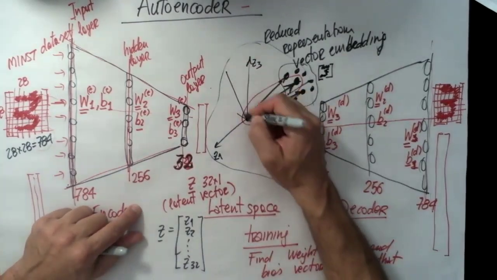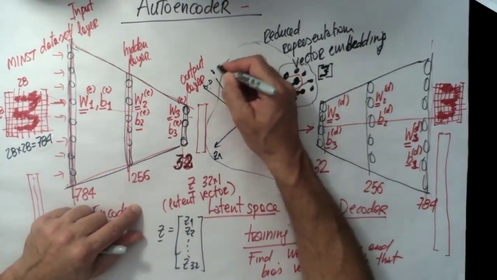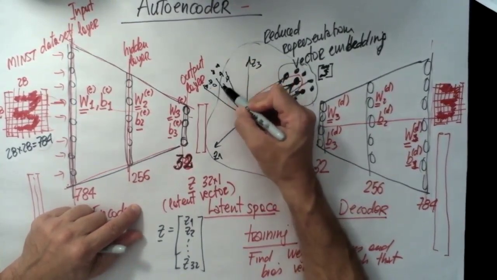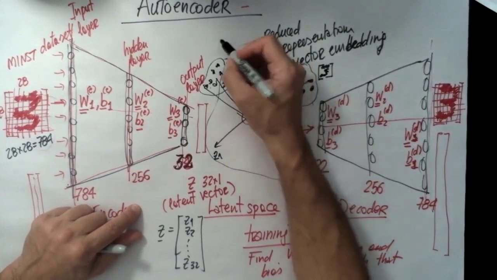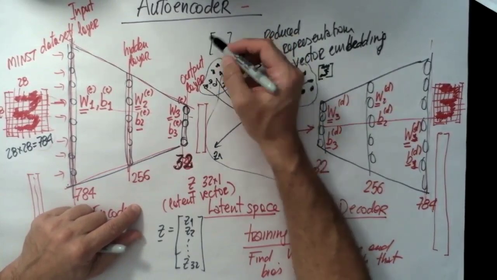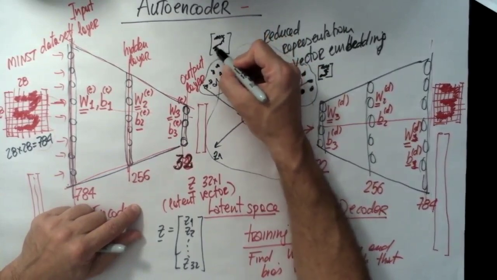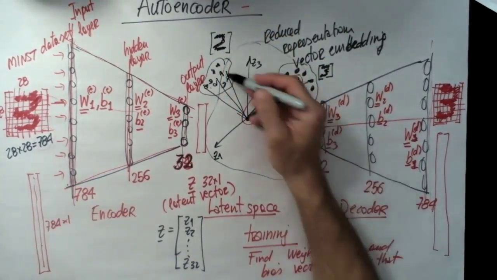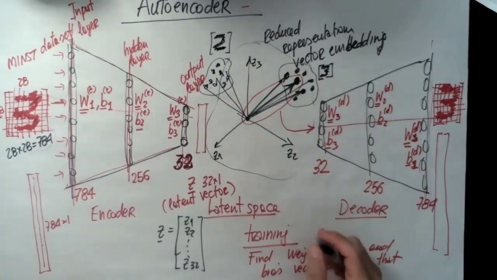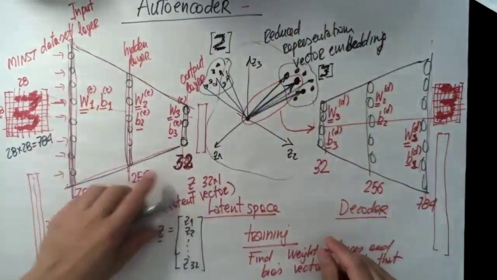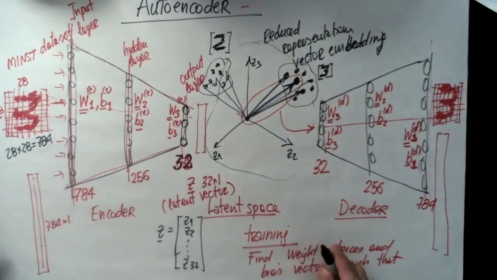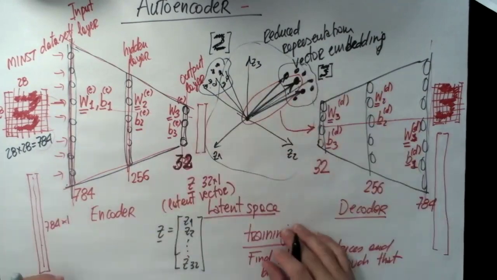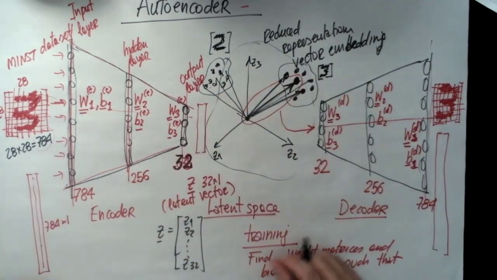And then, for example, here we will have all other images whose latent representation corresponds to a two, and so on. So in the latent space we have an easier way to see better what is the content of all our images.